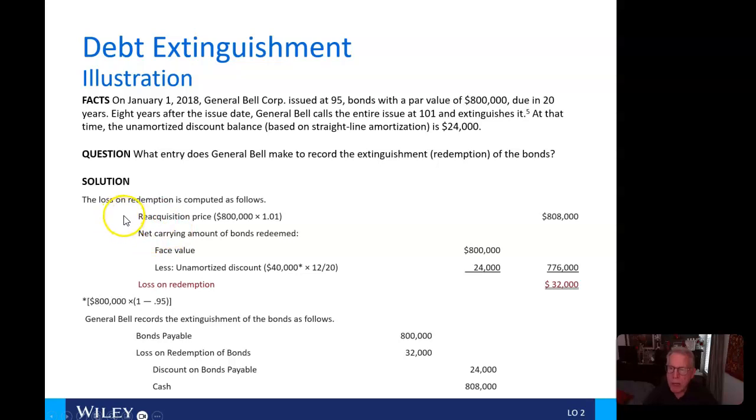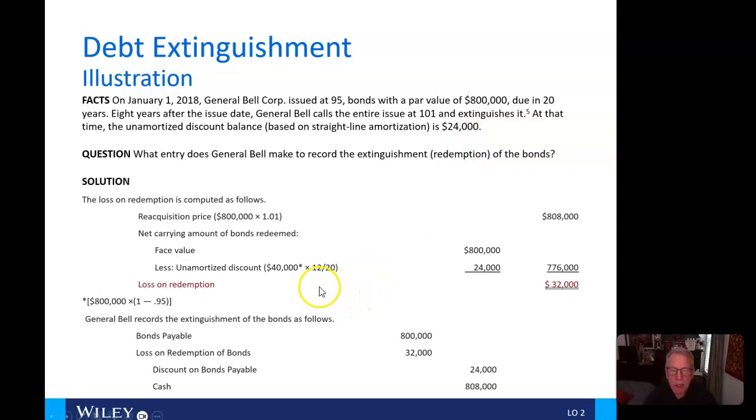The reacquisition price was $800,000 times 101%, given in the problem, so that comes out to $808,000. The face value is $800,000, but we have unamortized discount, also given in the problem, of $24,000.